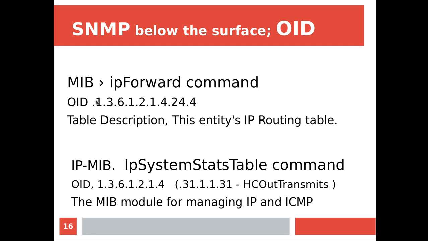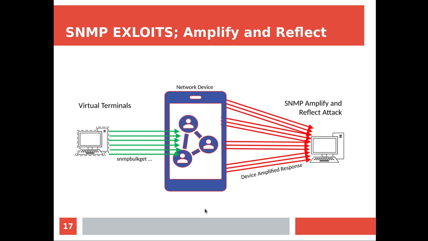See, that's the same up here, so it's referring to the MIB command. And then the 0.31.1.1.31 is the HC out transmissions. So this is one part of the module for managing IP and ICMP messaging.